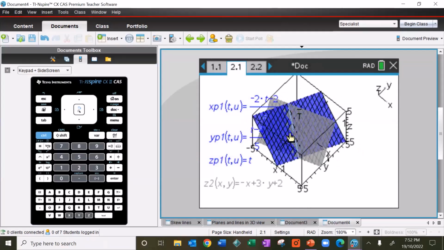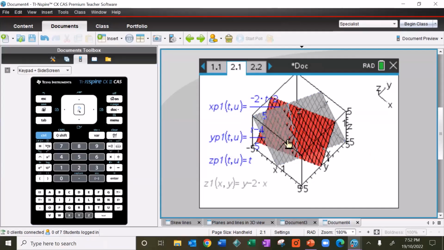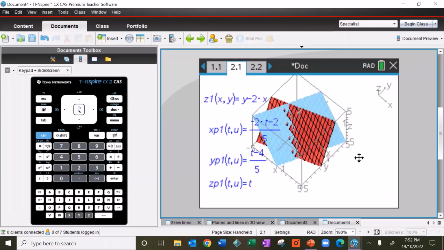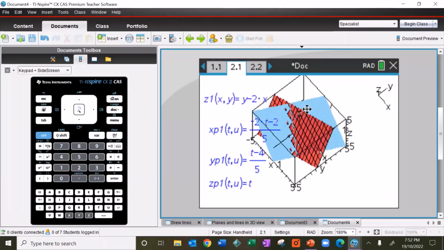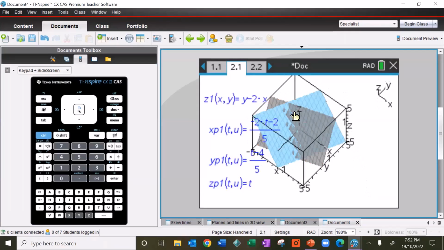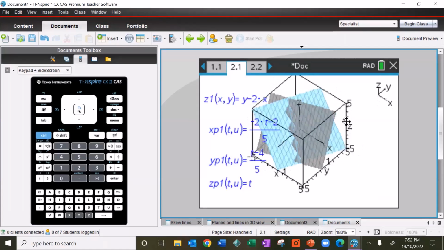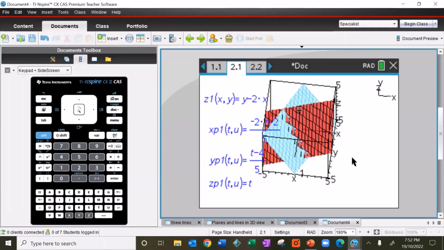It didn't do yellow, it did blue again. Line color, yellow. Yellow doesn't want to work for me, but it doesn't matter, it's blue, and we can see this is the line of intersection between those two planes.